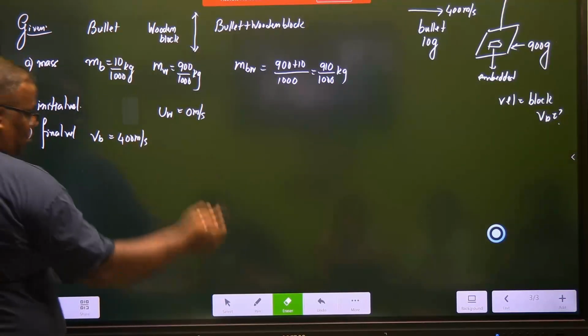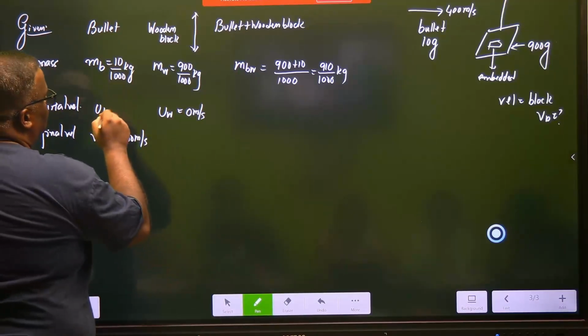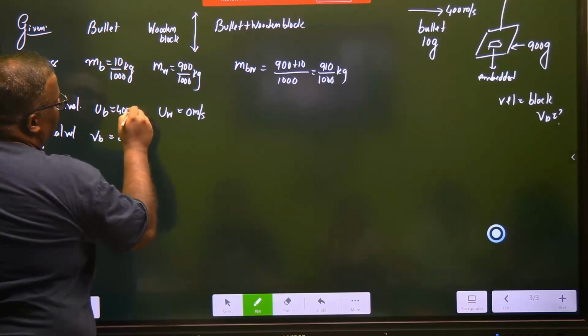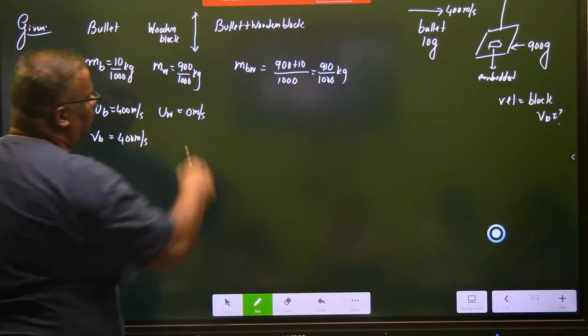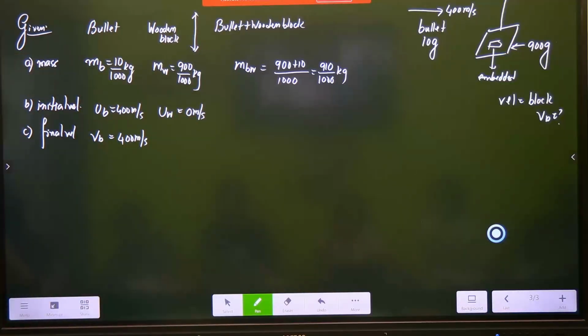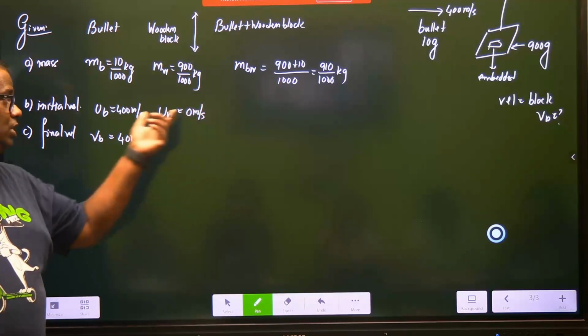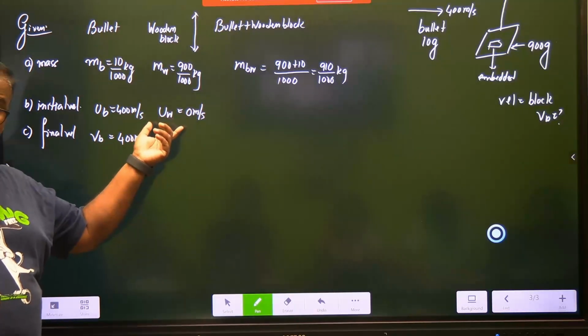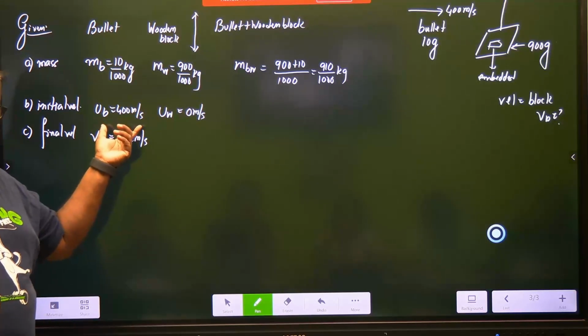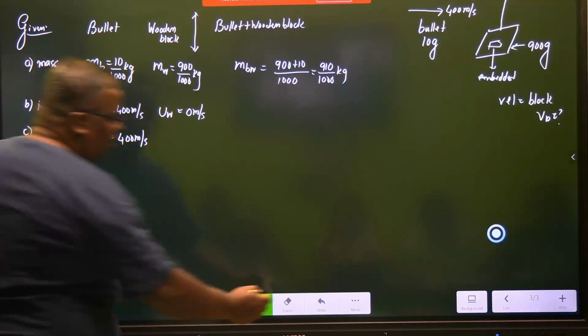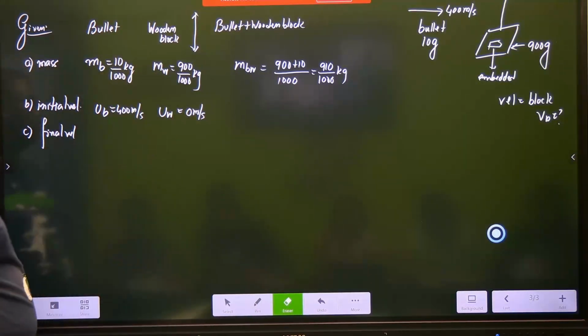So change your data once again. Initial velocity of the bullet is how much? 400 meters per second. Initial velocity of the wood: before striking, you did not have a combined system. So initial velocity of the wood is 0 meters per second. This is the initial velocity. Now come to the final velocity of the bullet. What is the final velocity of the bullet?